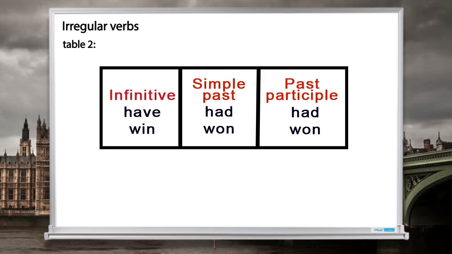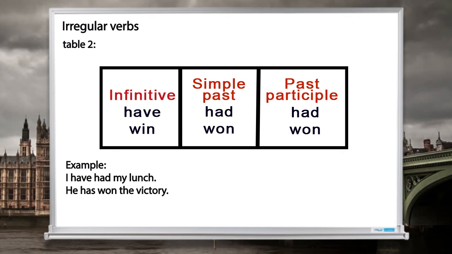So you have the infinitive forms of the verbs have and win, and the past simple and past participle are the same. For have it's had, and for win it's won. Here are more examples. I have had my lunch. He has won the victory.